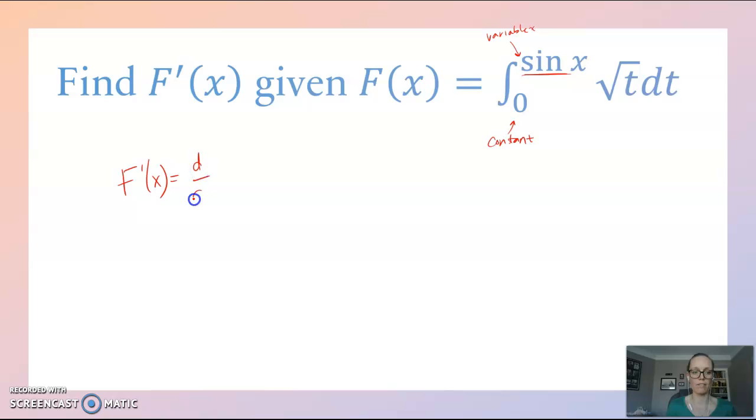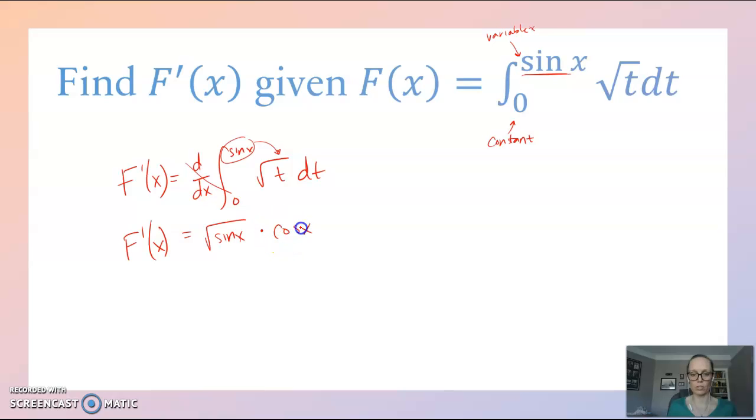We're going to derive the function, and the function here is an integral function. And so the derivative and the integral cancel each other out. That's still true. And the upper bound is still going to take the place inside the function. But because the upper bound is more than x, we also have to derive the upper bound. And so what we end up with here for the derivative is the square root of sine of x times the derivative of sine of x, which is cosine of x.